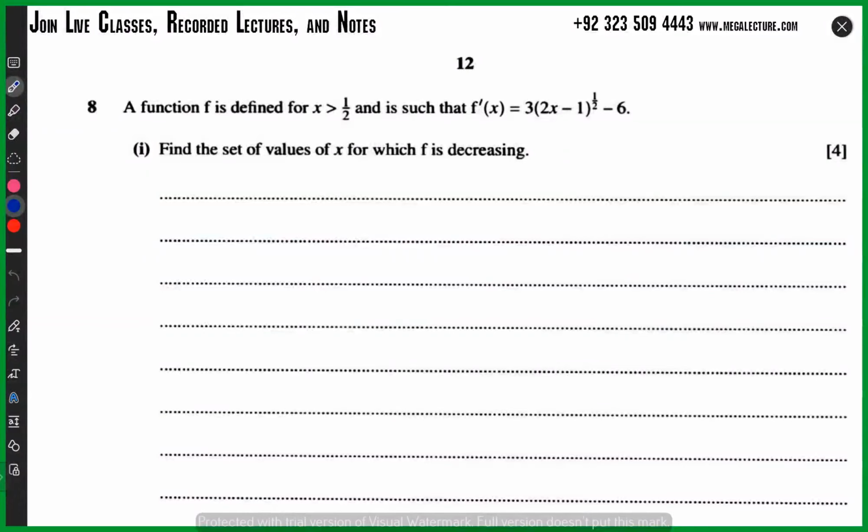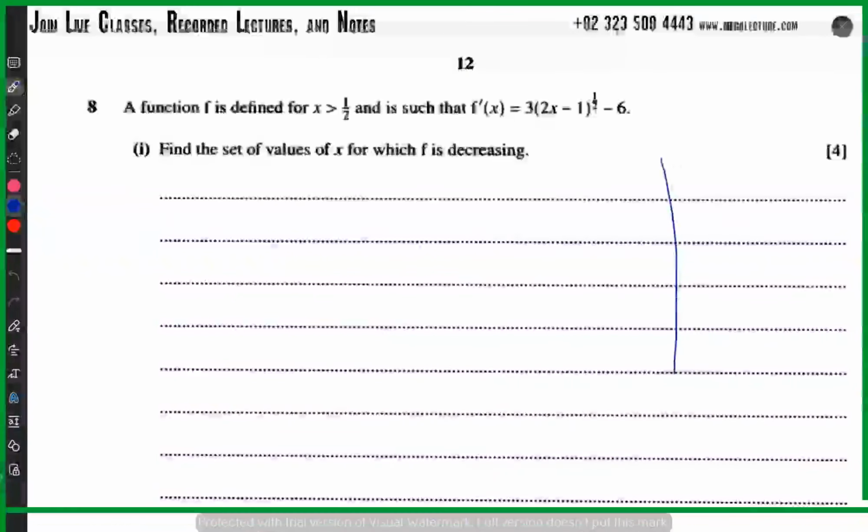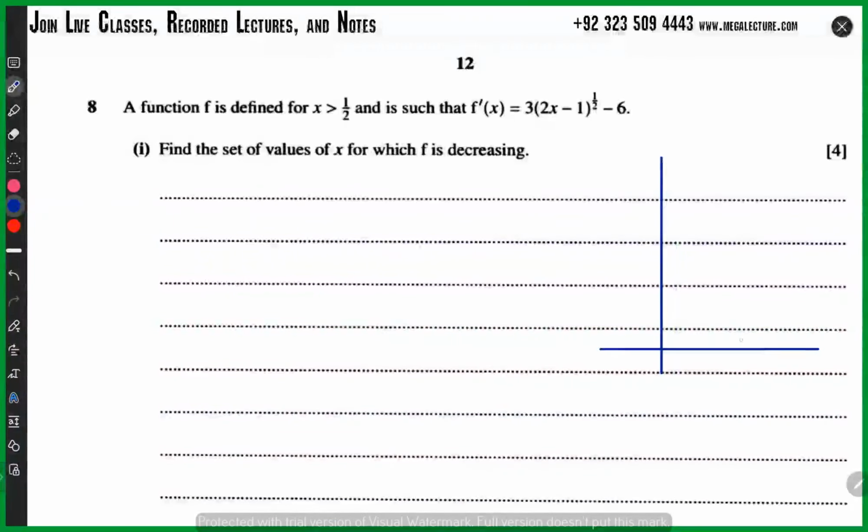If you have a graph that's going up like that, this certainly means that the function is increasing. And what does it mean? That dy by dx is greater than 0. However, if I talk about it the other way around, if I have something of this type, this is going to imply that my function is decreasing and the derivative is going to be less than 0.